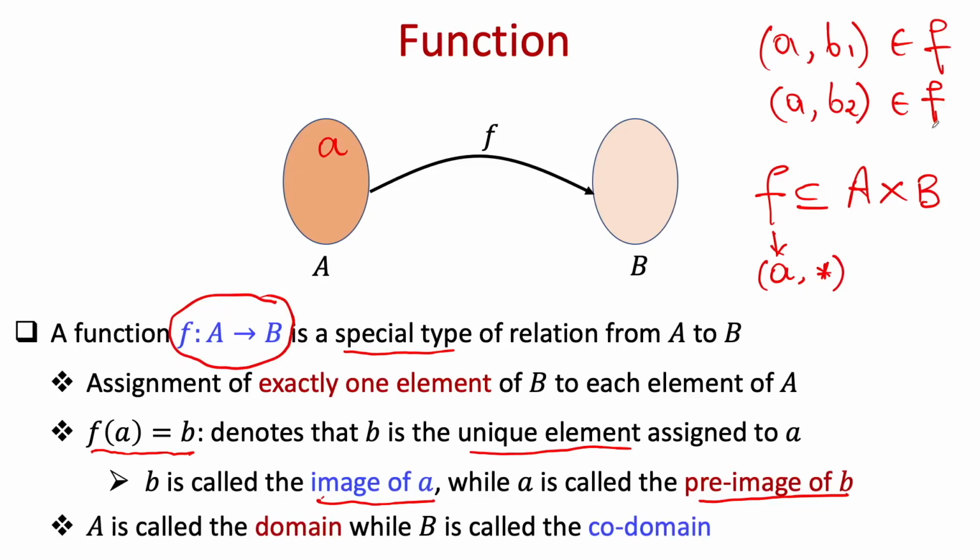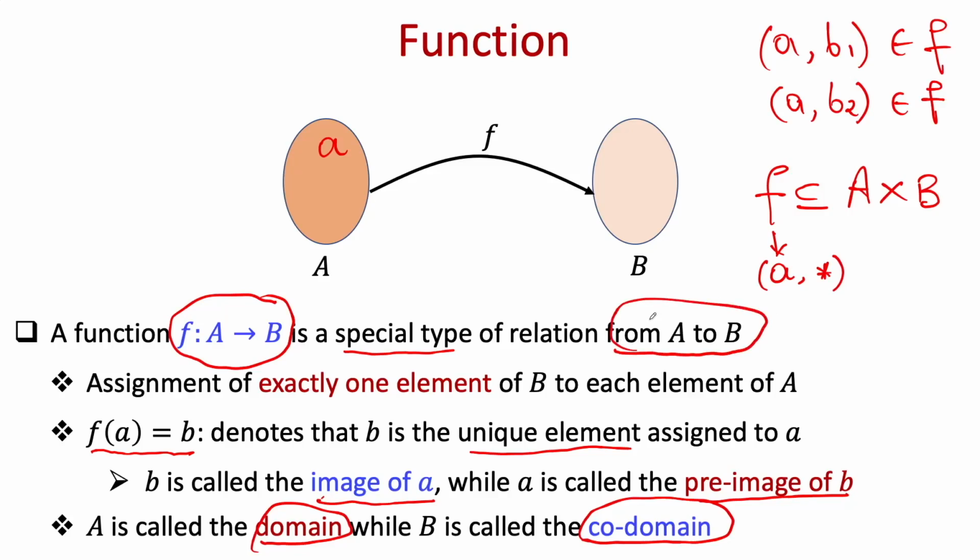We also use the terms domain and codomain in the context of a function. The set A will be called the domain of the function, while B is called the codomain of the function. Notice that all these definitions are with respect to a function from the set A to the set B. The direction of the function matters a lot.